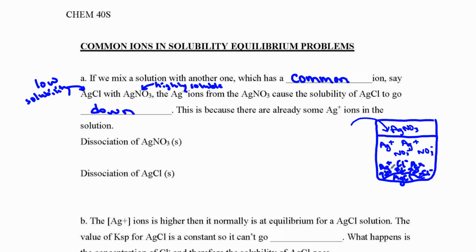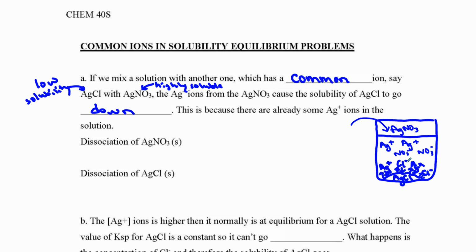So all of a sudden, what we've done is we've increased the amount of silver ions. We had already some silver ions in solution from this. Now we've just added more. The nitrate is basically just a spectator. It's just going to hang out and watch what's going on.